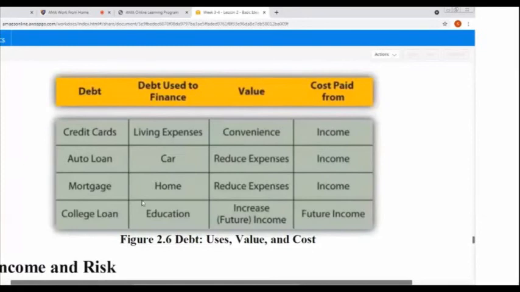So if you have this analysis of your debt, knowing the reason why you acquire debt, and you know the value, then it's also okay that you know where to find the payments for this debt. As long as you know that there will be sources of payment for this debt, then it's okay.